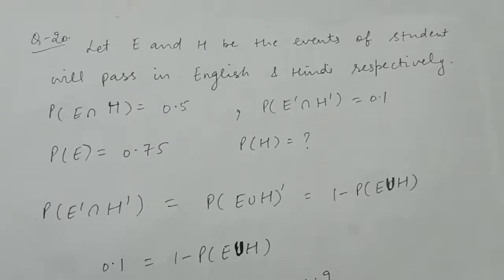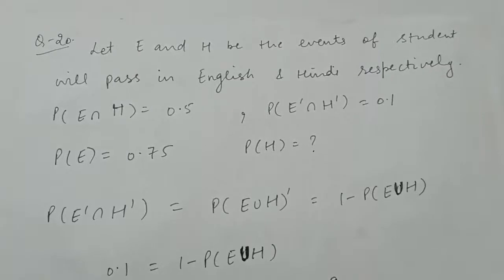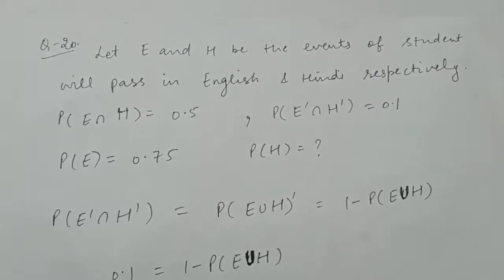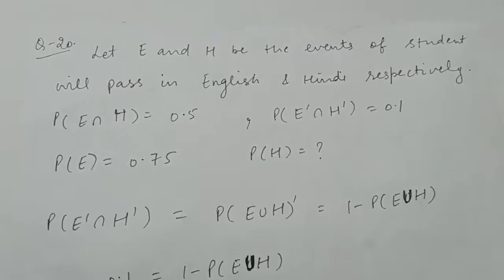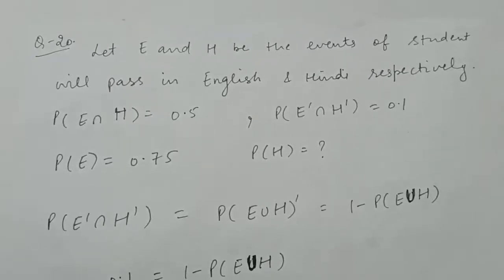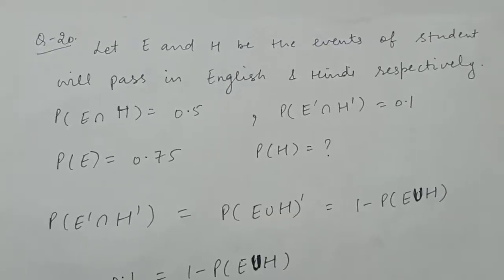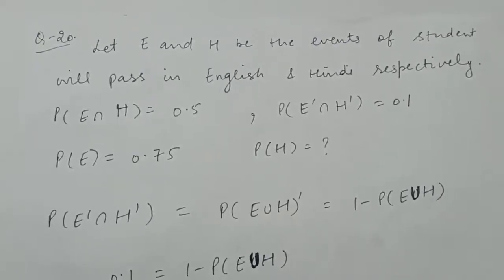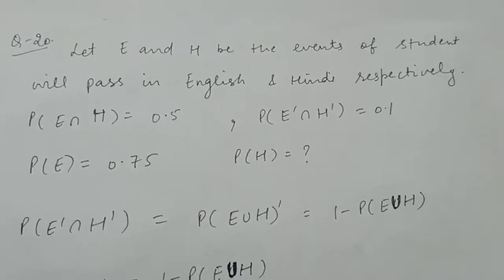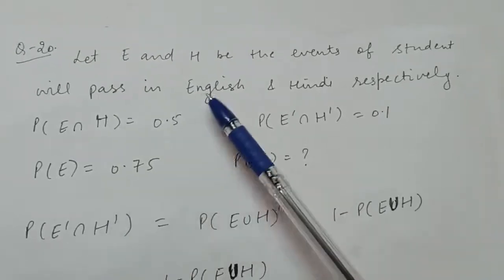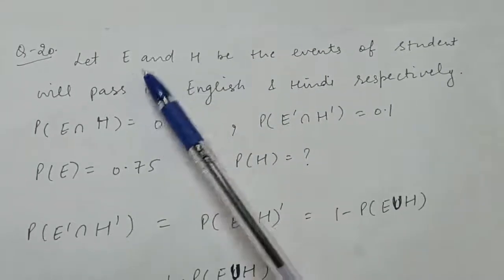Number 20 is: probability that a student will pass the final examination in both English and Hindi is 0.5 and the probability of passing neither is 0.1. Probability of passing in English is 0.75. What is the probability of passing the Hindi examination? So first of all, let the passing of the students in English and Hindi subject be the events E and H, right?